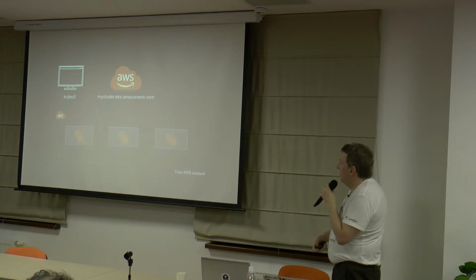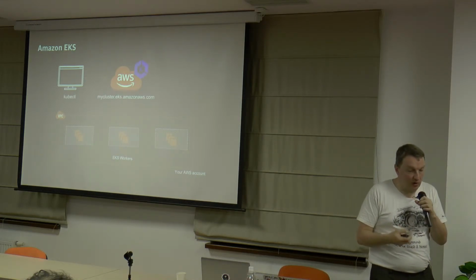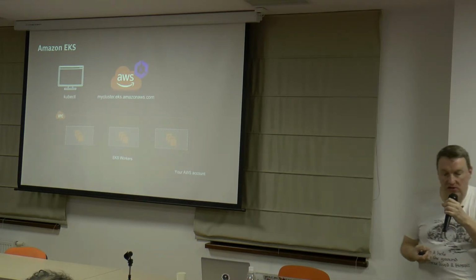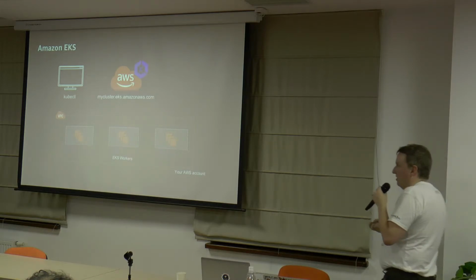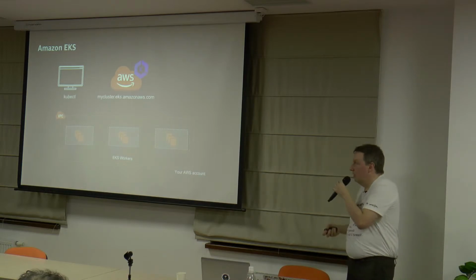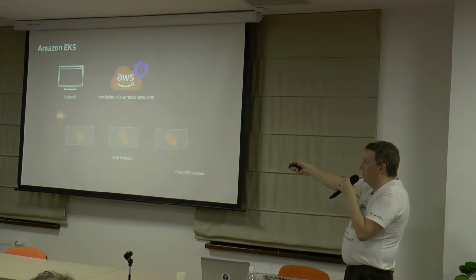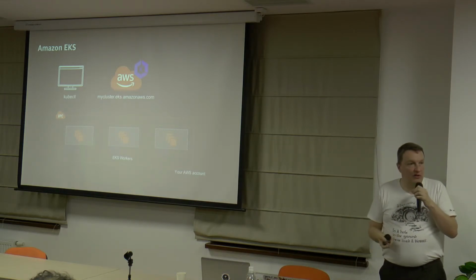Amazing. You can create your EKS workers, and they can join a cluster, and you can run your pods on them. And you don't need to worry about masters, and you don't need to worry about all the complex setup. And you can still use your standard Kubernetes tools to manage the cluster.